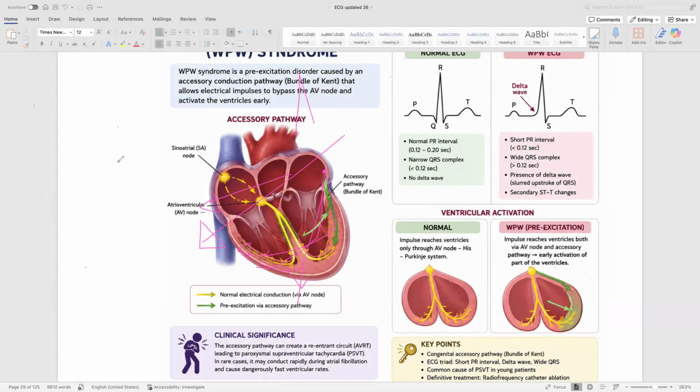Can someone tell me? Right bundle branch block, WPW syndrome, because it will be the same as right bundle. Second, right ventricular hypertrophy. Third, dextrocardia, if the heart is on the right. So, positive.